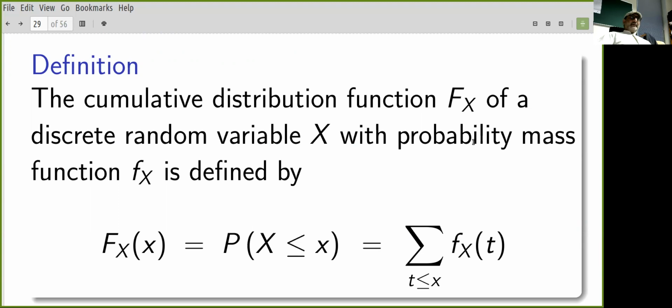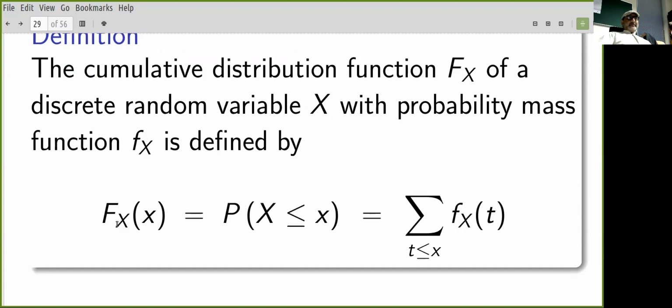And the cumulative distribution will be given by capital F. The notation for that will be capital F sub x of x. Okay, so capital F sub x of x is defined to be the probability that the random variable x takes a value less than or equal to x. And that's basically just the sum over all possible values t of f sub x of t.